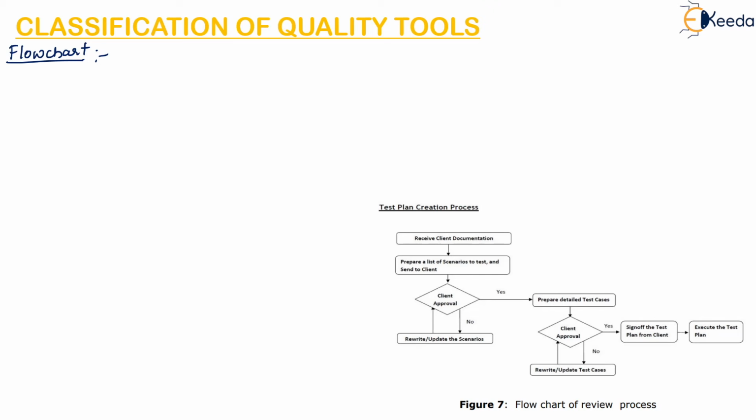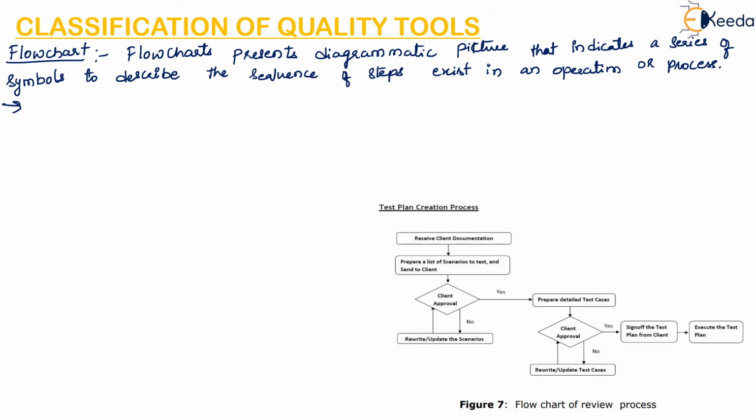So how the process takes place is represented with the help of different types of symbols. Flowcharts visualize pictures which include input activities, decision points, and outputs for easily understanding the overall process.